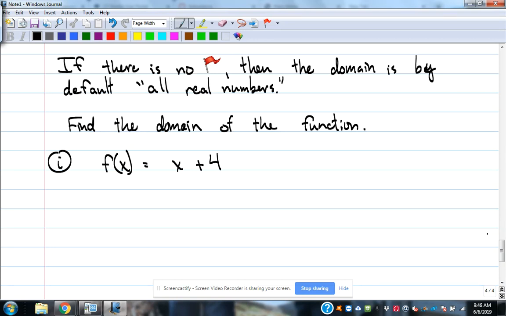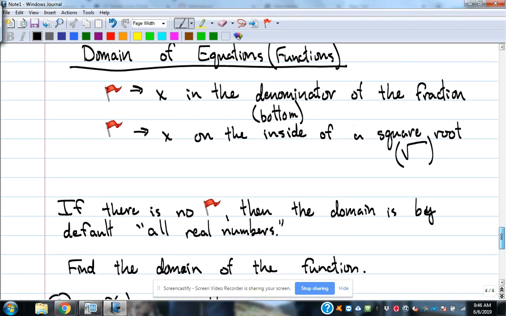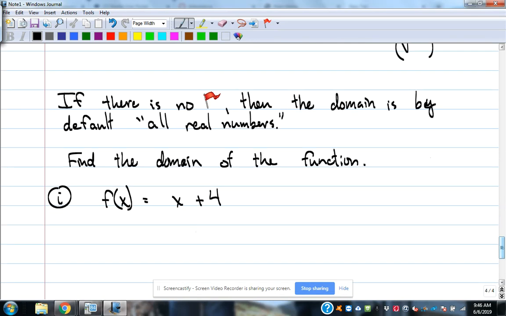What I'm looking for are the red flags. Is there an x in the denominator, or is there an x in a square root? If I look at that problem and there's not even a fraction in it, the first red flag can't even be there, right? If there's not a square root symbol in there, that one can't be in there either, right? So this one has no red flags, okay?